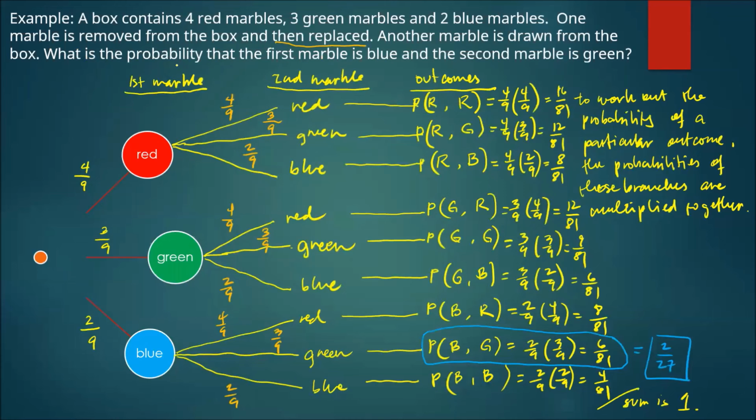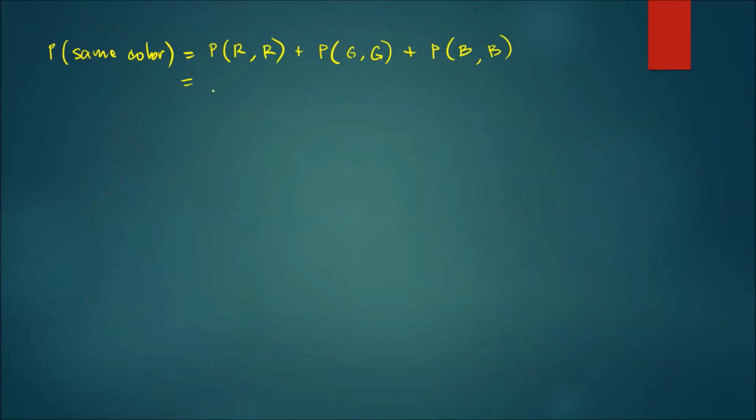So let's go back to our tree diagram. We have 4 over 9, that's red, and the second marble should also be red. So we will multiply 4 over 9 to 4 over 9.